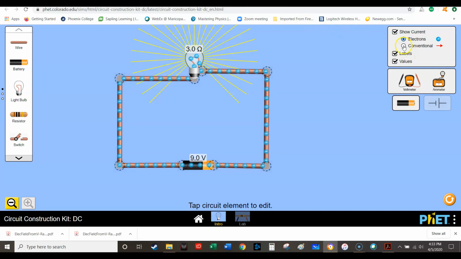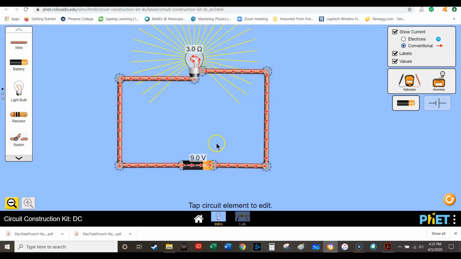If I go over here to conventional, these arrows are showing the direction of the current, which is flowing counterclockwise. It's flowing from the positive to the negative.